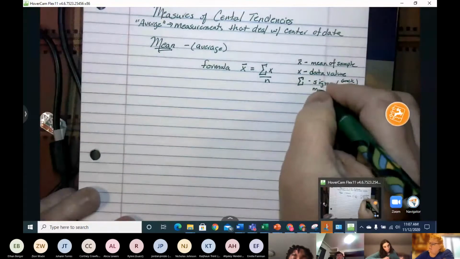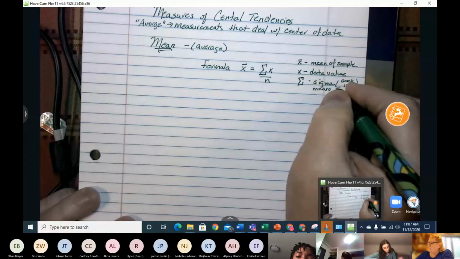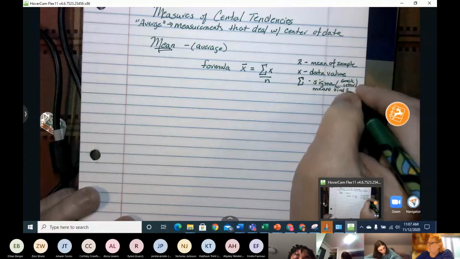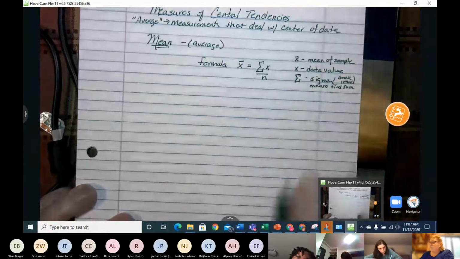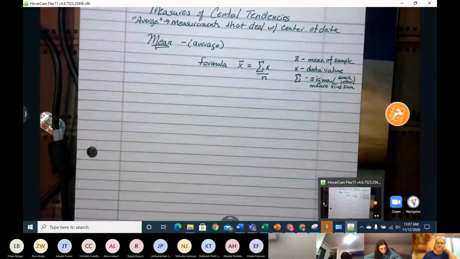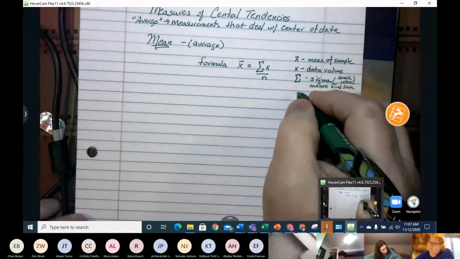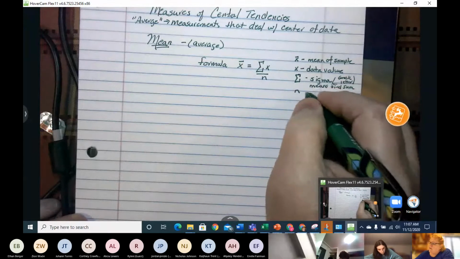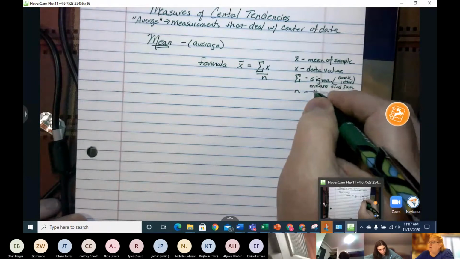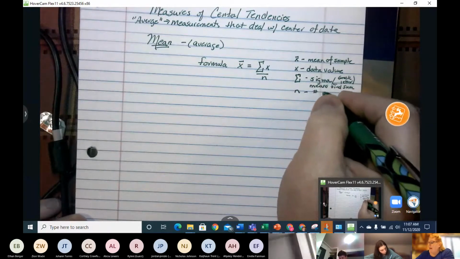And it means to find the sum. So when you see that symbol, it's telling you to add something up. And then the little n means the number of data items.